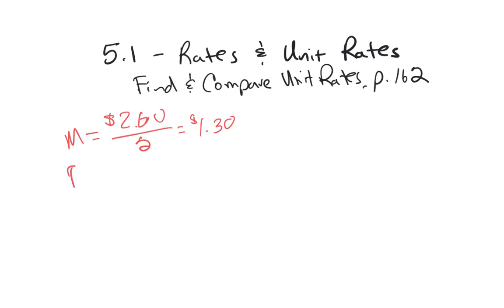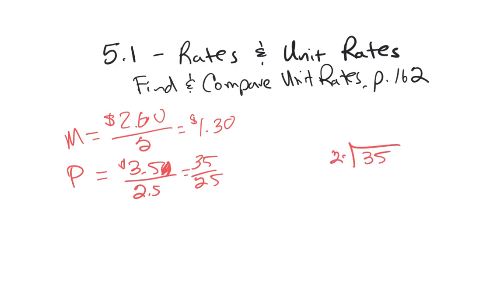And then for pears, you're paying $3.50 for 2.5 pounds. And I'm going to get rid of that 0, so we can just call this 35 divided by 25. And let's do that over here off to the side. 35 divided by 25.